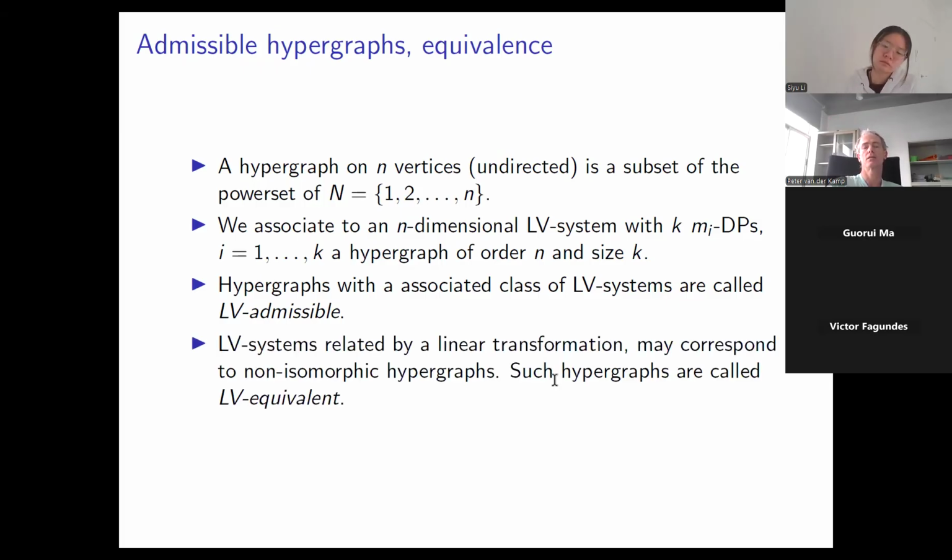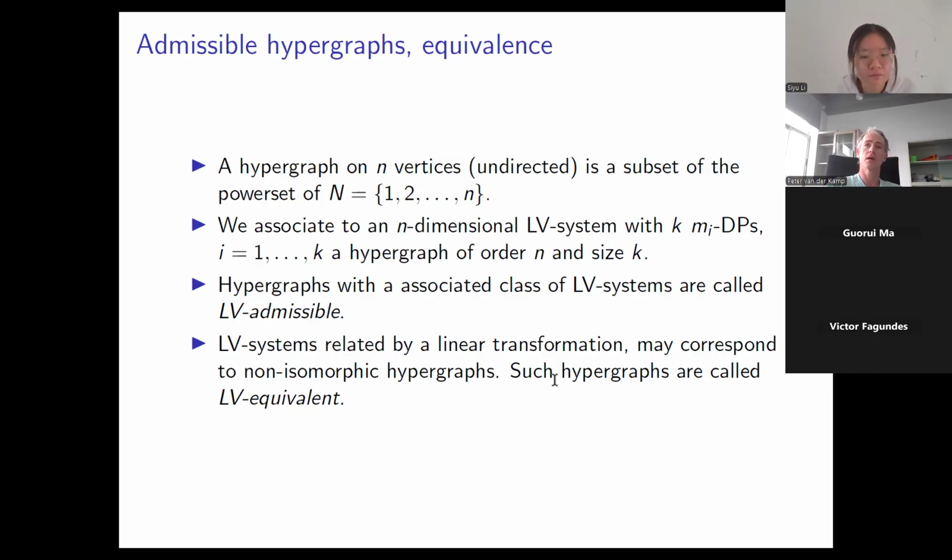And then there is a very interesting question. What we know is that if you do a linear transformation, then these Darboux polynomials are preserved. So you can take an LV system with one particular hypergraph, and you can introduce new variables that are Darboux polynomials. If you write your system in terms of a different set of Darboux polynomials, then what you will find is another LV system.